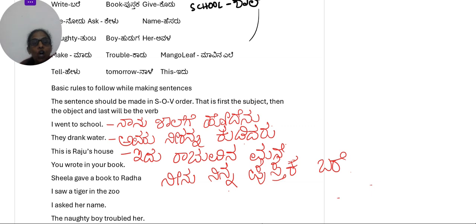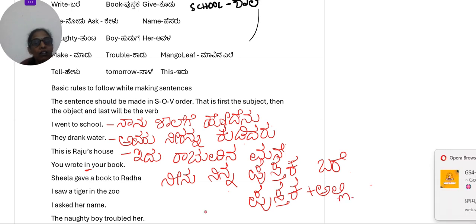So we will have to apply vibhakti and past tense. So in your book. Okay, so here we are saying in. In means we have to add the saptami vibhakti. Saptami vibhakti is alli. The suffix is alli. So pustaka plus alli. Okay, here already your book. So again here there is a sixth vibhakti as well because book is related. You are saying your book.